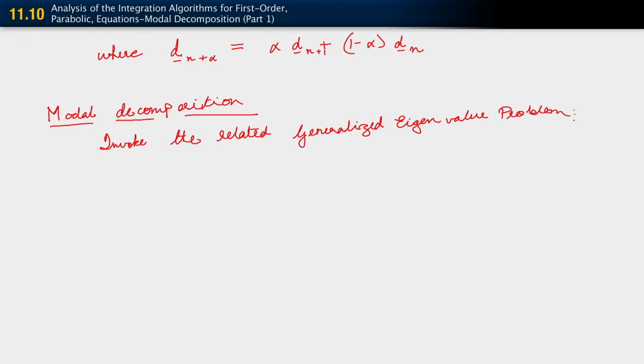And the generalized eigenvalue problem we want to invoke is the following.